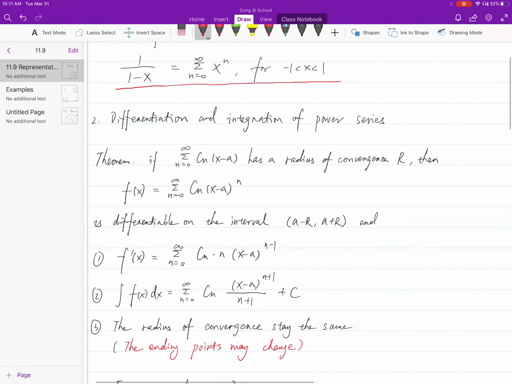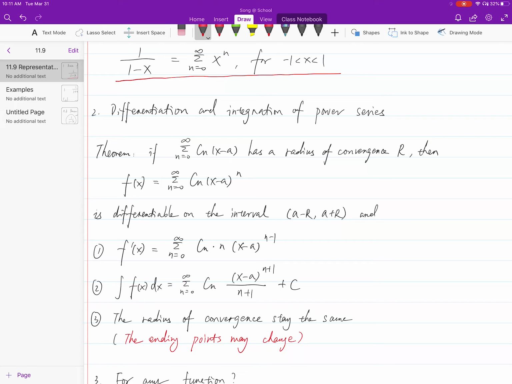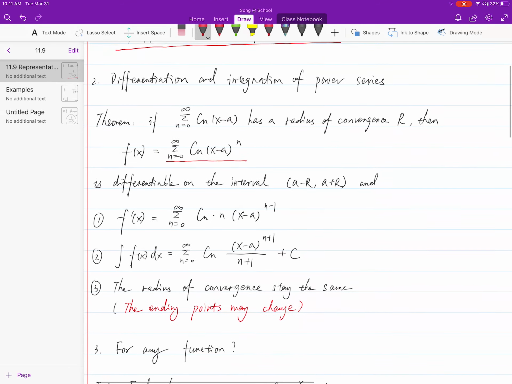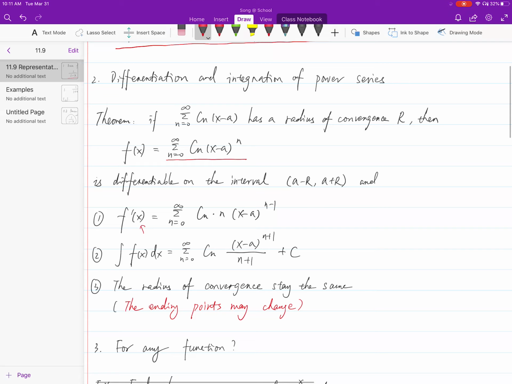Now what if you have something which is not so close, which actually involves taking the derivative or taking the antiderivative? Okay, so basically what you want to know is how to take the derivative or antiderivative of a power series. And this is what it tells you. Okay. Several interesting things. Number one, the formula looks like this. Then the derivative equals this.